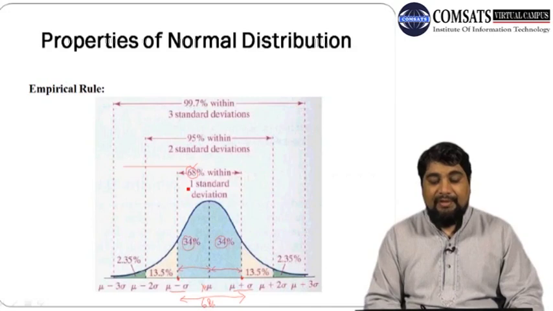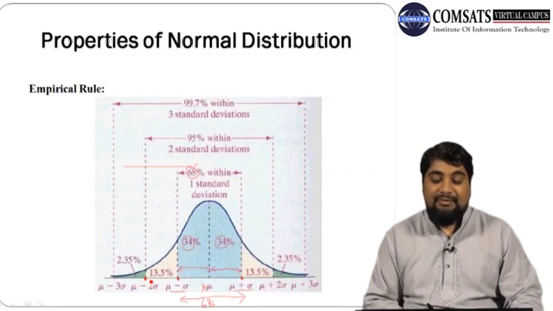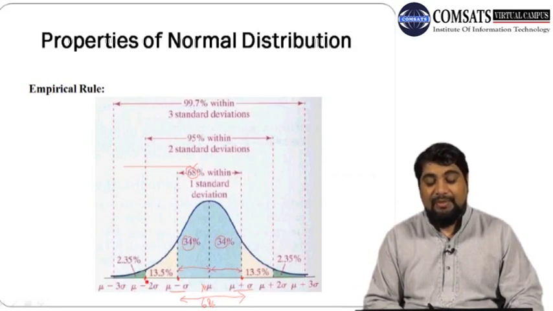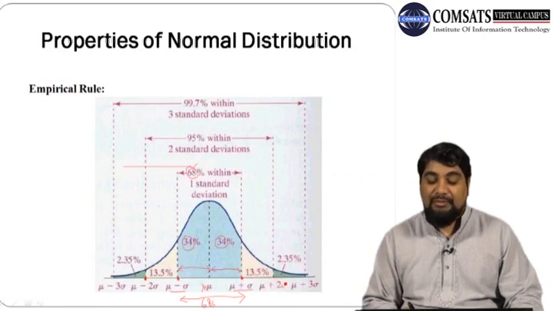Similarly, the second empirical rule states that if we move from the mean two standard deviations on either side, that is, if we subtract 2 times sigma from the mean, we get mu minus 2 sigma, and if we add the same number, 2 sigma, to the mean, we get mu plus 2 sigma.